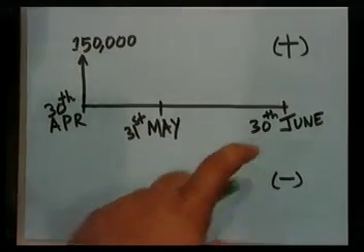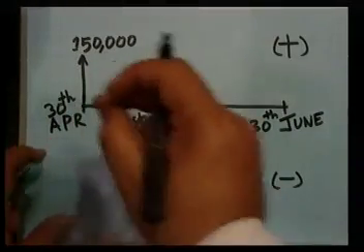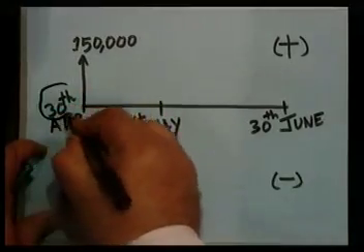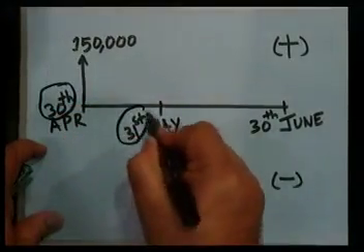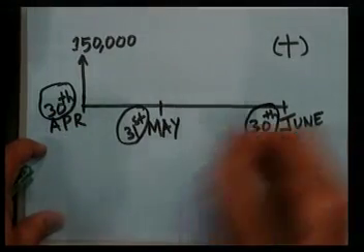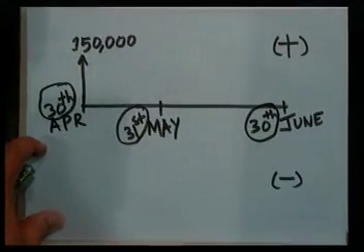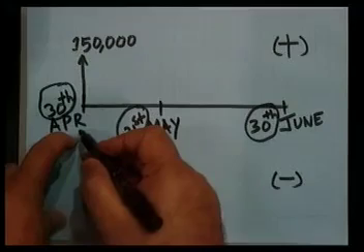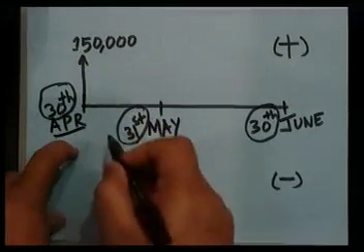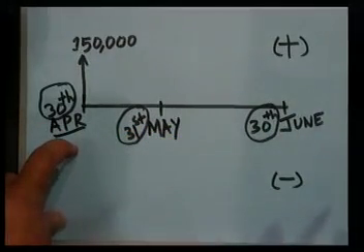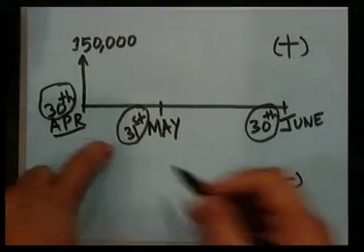Right. But in real cash flow diagram, you will not be writing 30th, you will not be writing 31st. You will have to understand that on the cash flow diagram, April means it is end of April, that is 30th April.